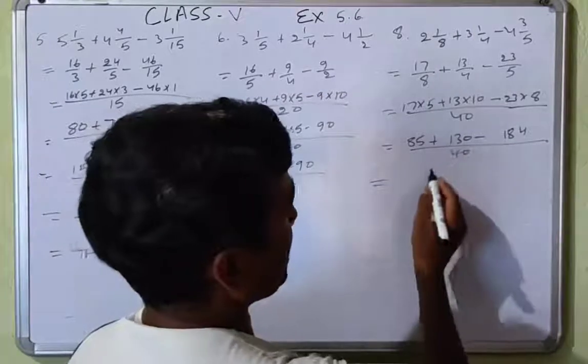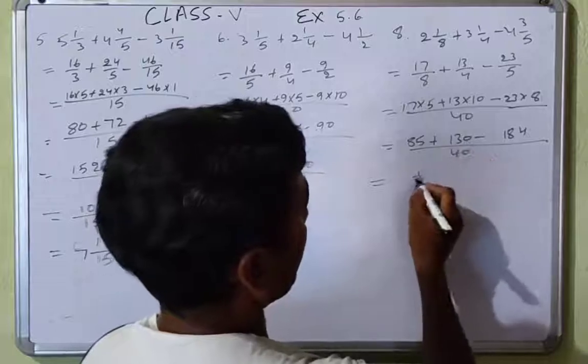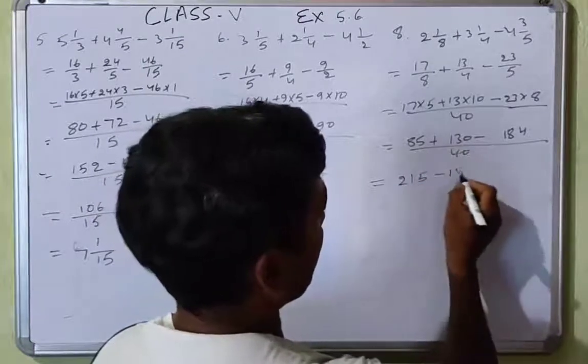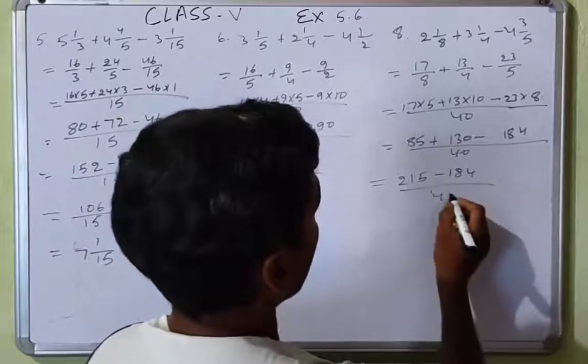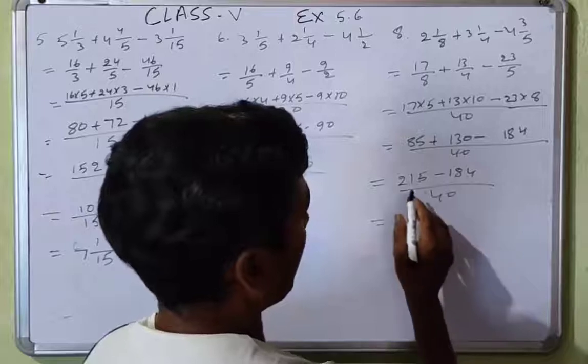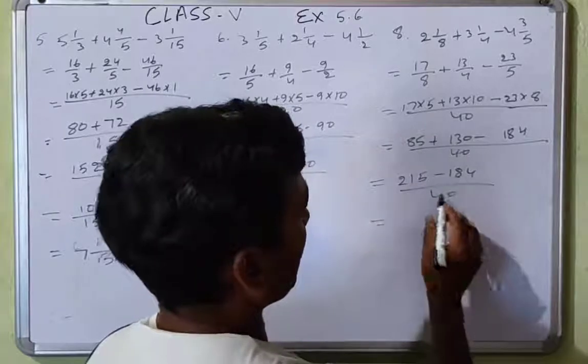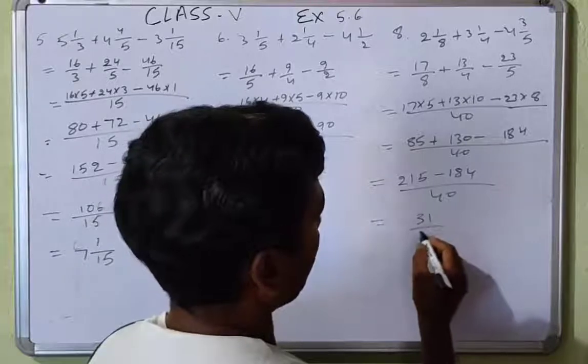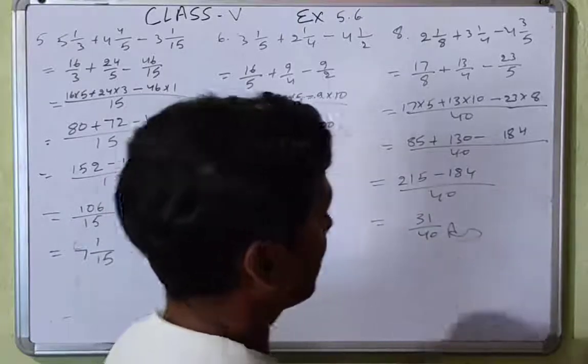Now these two in plus 5 8 3, 11, and then minus 184 upon 40. Now subtract 5 plus 4, 1, and then 11 less 8, 3 upon 40, that is the answer.